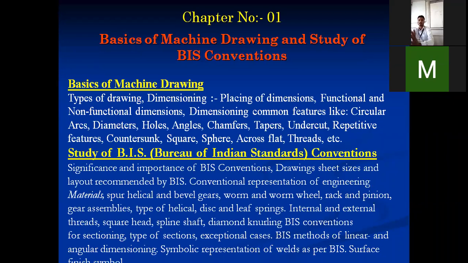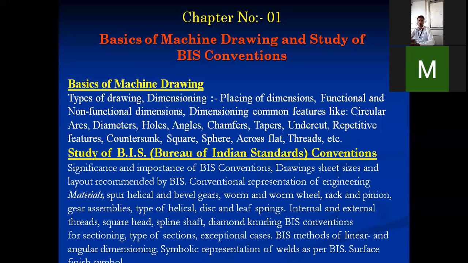The first chapter itself has a rather large syllabus, which contains mainly basics of machine drawing: types of drawing, dimensioning. We have seen how to use dimensioning, placing of dimensions, then functional and non-functional dimensions. We will see dimensions of common features, or which symbols we have used in drawing.